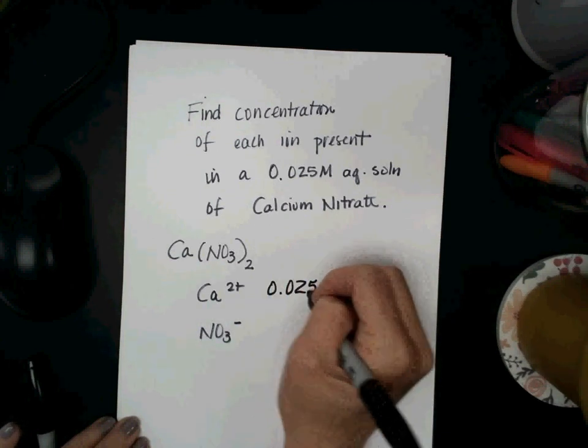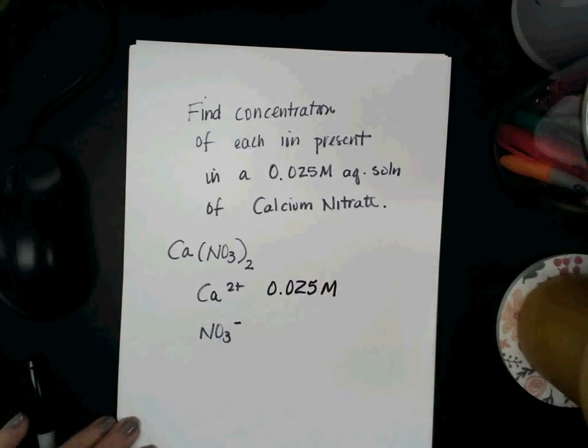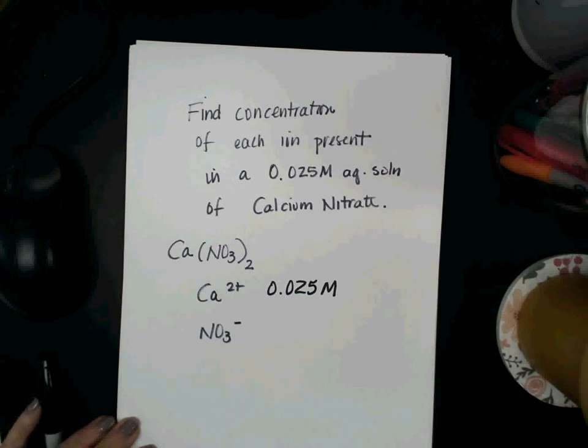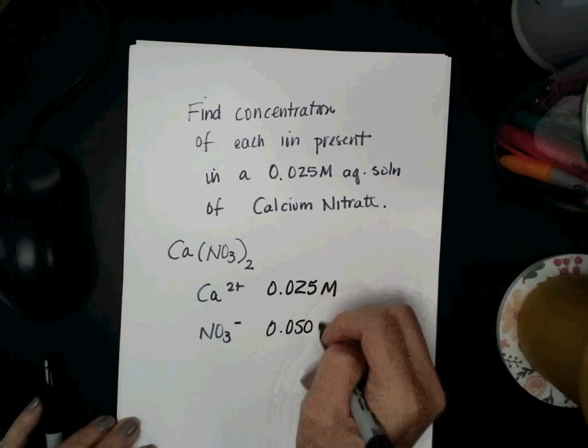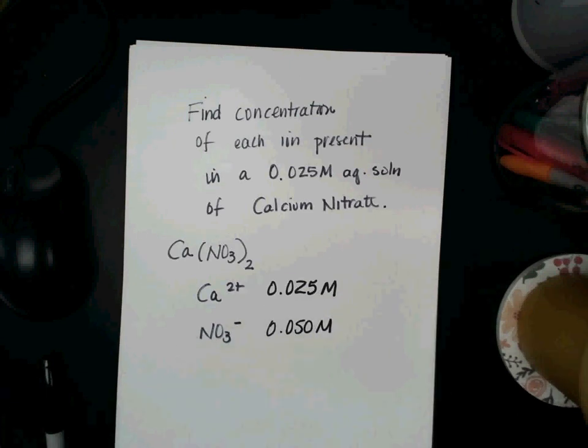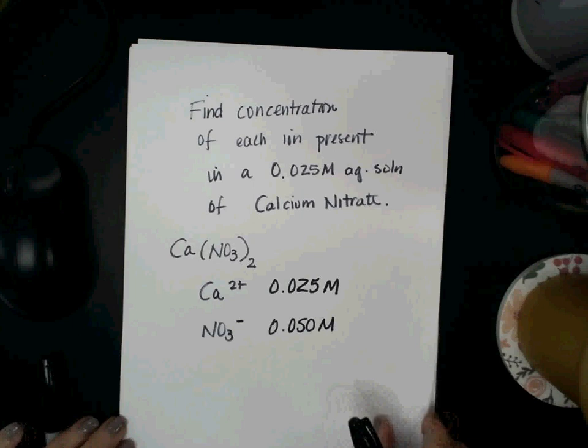Yep, I didn't have to do anything, I just had to look at it. What is the molarity of my nitrate ion concentration? 0.050. Exactly. These are so easy. You should say thank you when I give you one of these on the test. Okay? Make sense?